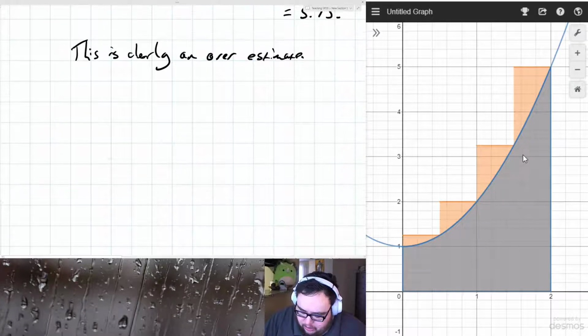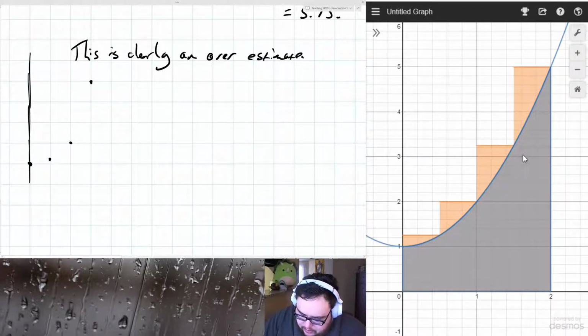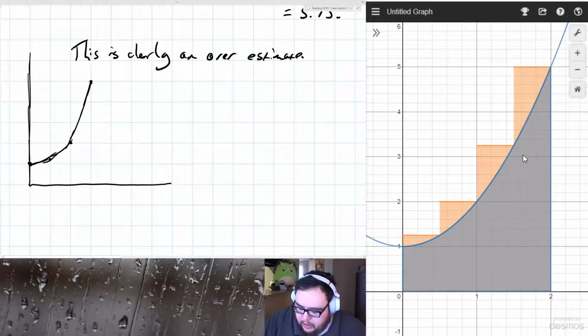So if we have our curve that's something like this, right? Instead of using rectangles, what if we made the tops of the rectangles into triangles?